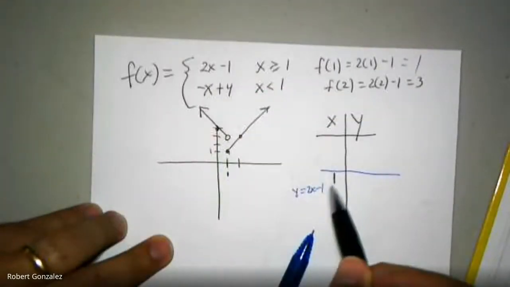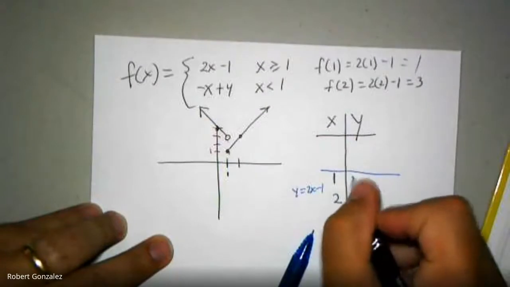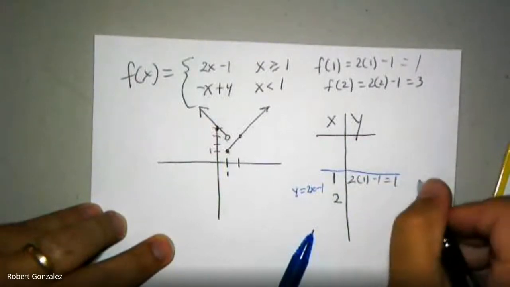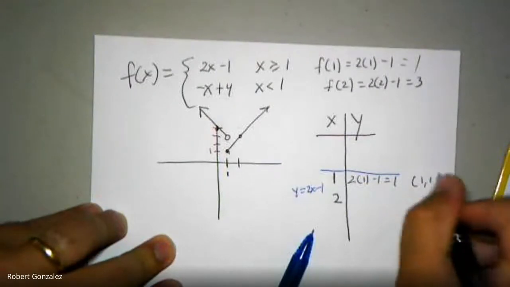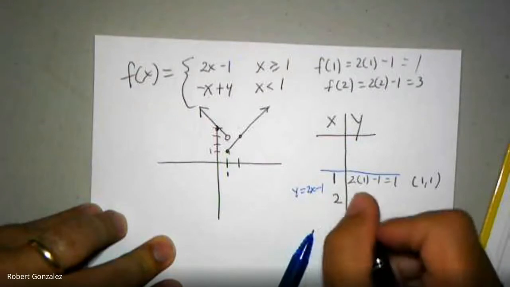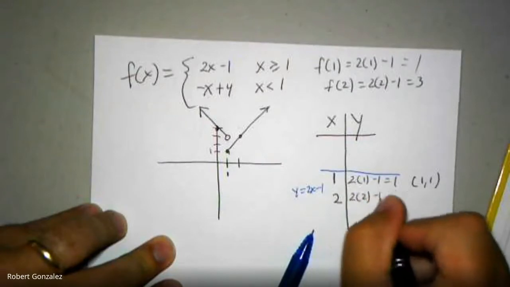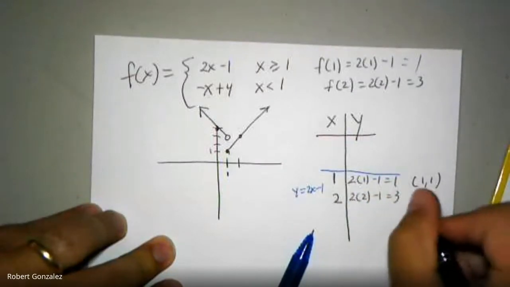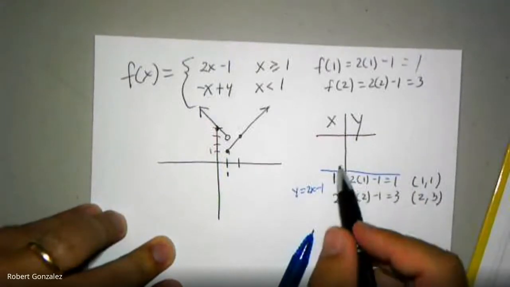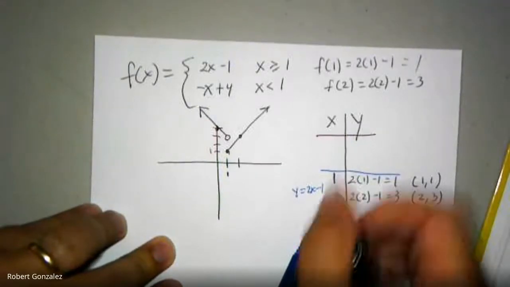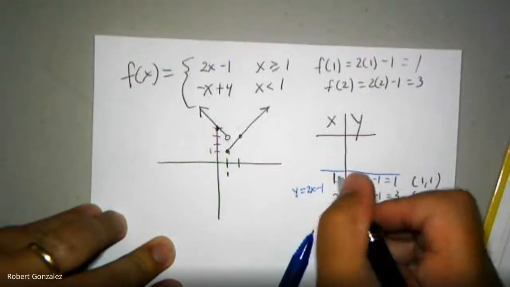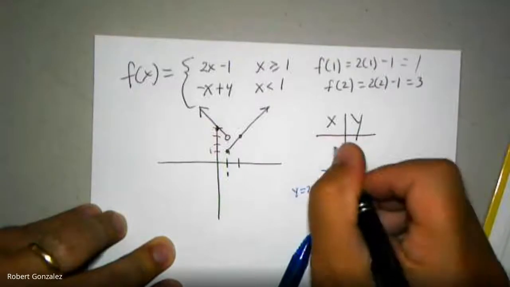So when I plug in the 1, I get 2 times 1 minus 1, which is 1. That's the point 1, comma 1. When I get the 2, I plug it in here and get 2 times 2 minus 1, which is 3. That's the point 2, comma 3. Now we do the other side. And the other side, we just keep counting down. 2, 1. We need the 1 again, and then 0.